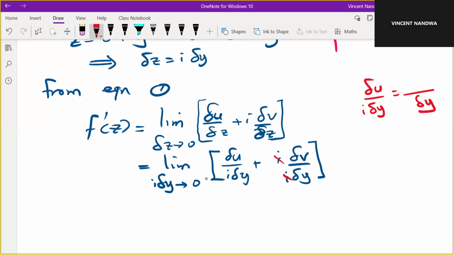If I have 2 divided by i, how do I remove the i in the denominator?